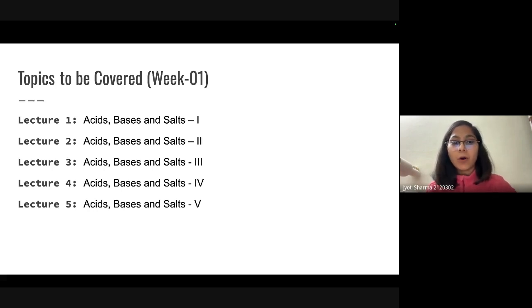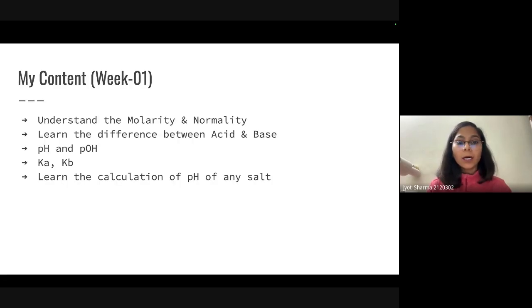But all the formulas, whether of pH, pOH, or any equilibrium constant, are based on molarity. So I thought we will first understand what molarity and normality mean, because if you know the concentration of a compound or solution, only then can you calculate the pH, pOH or equilibrium constant. So my first MCQs will be based on molarity and normality only.